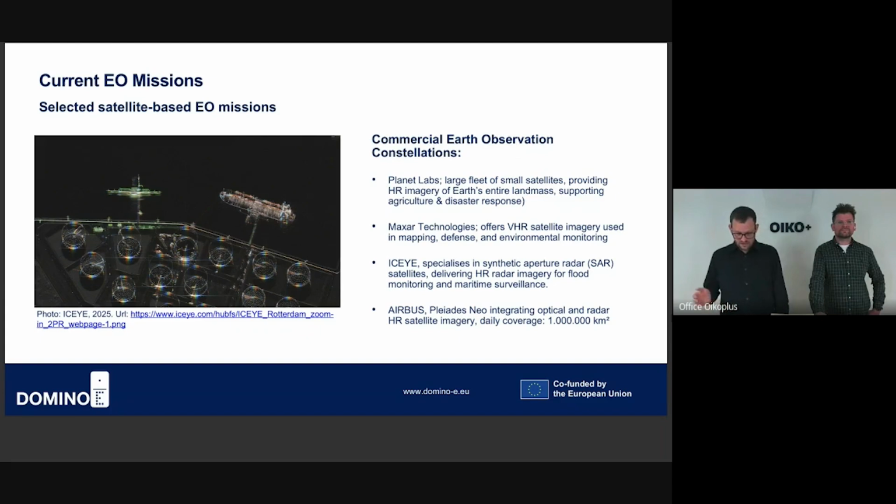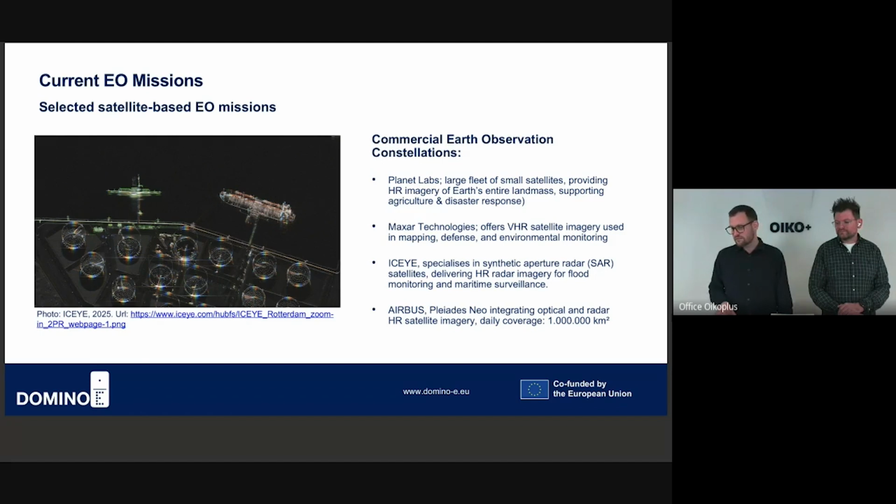offering very high-resolution satellite optical imagery that is supporting defense, intelligence, urban planning, and also environmental analysis. There's ICEYE that stands out for their radar capabilities or imagery, and enables weather-independent and day and night monitoring of the Earth.